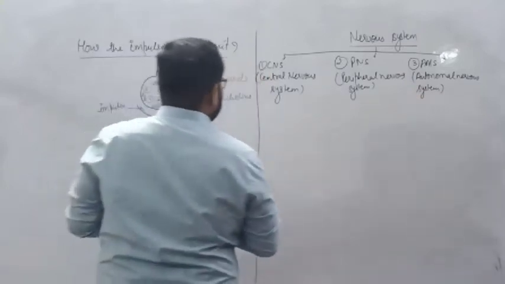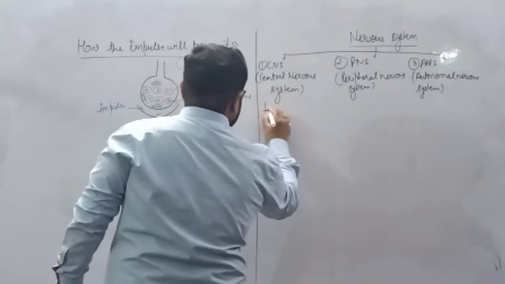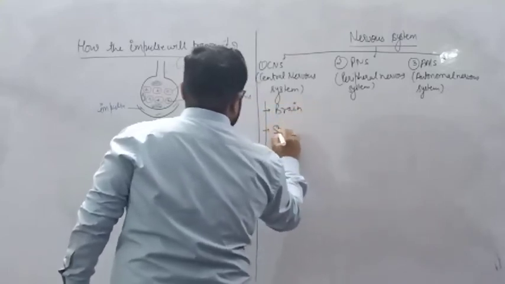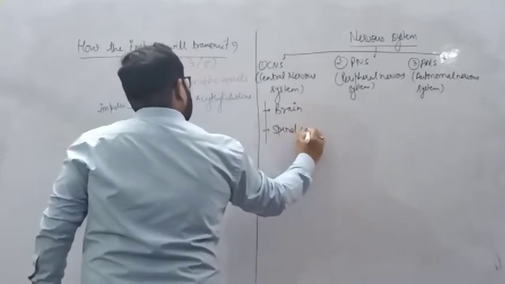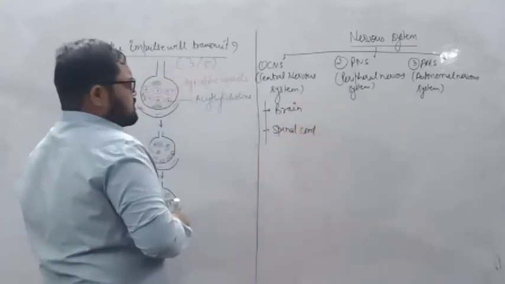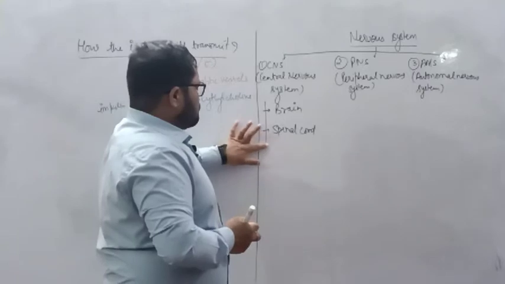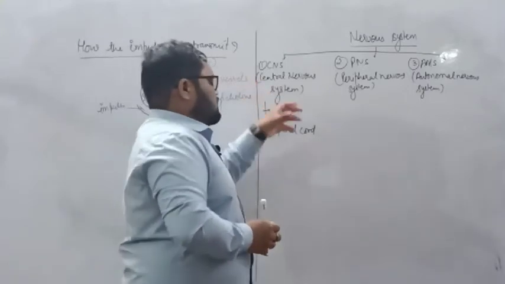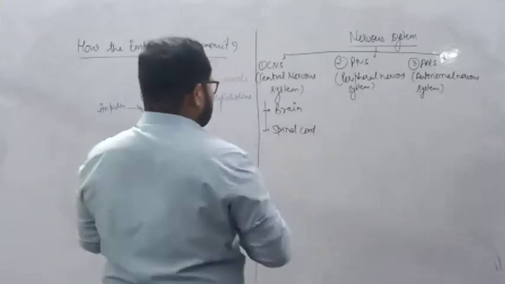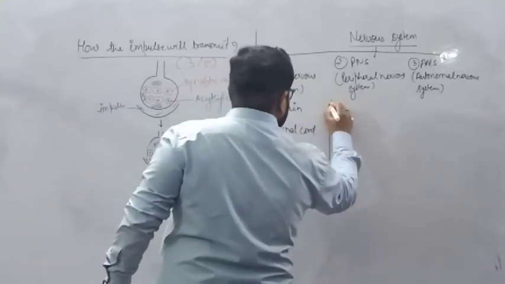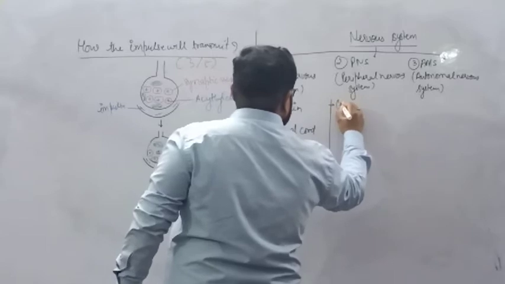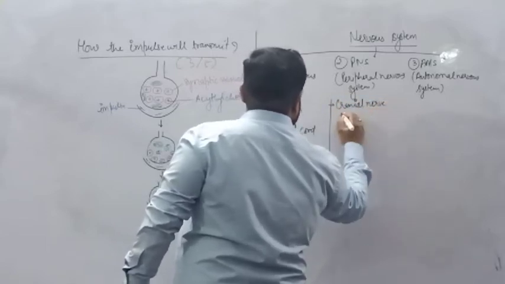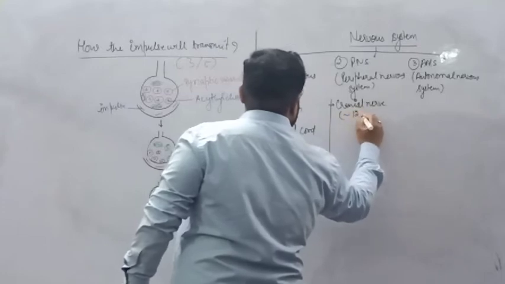In CNS we have to know 2 things: the first one is the brain and the second one is the spinal cord. In PNS we have to know first the cranial nerves. Cranial nerves are 12 pairs in number.